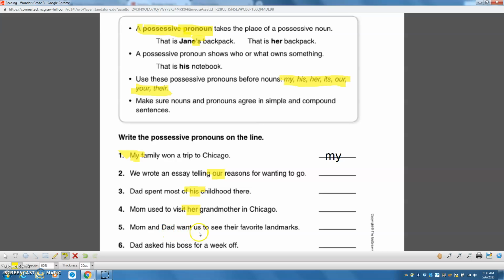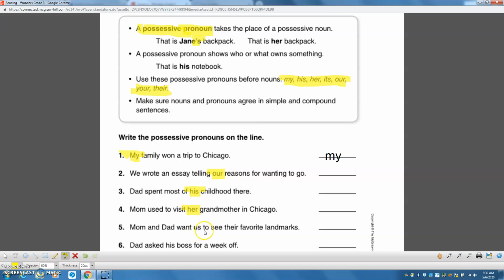Mom and Dad want us to see their favorite landmarks. So again, we have this pronoun, us. Does us belong to anything? No, that doesn't make sense. Us is not a possessive pronoun. It does not show ownership.